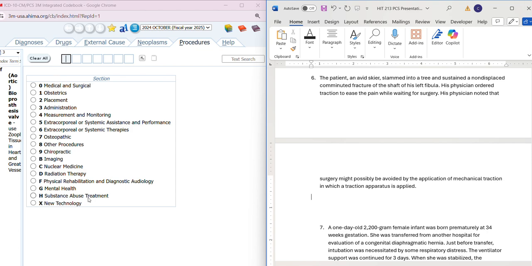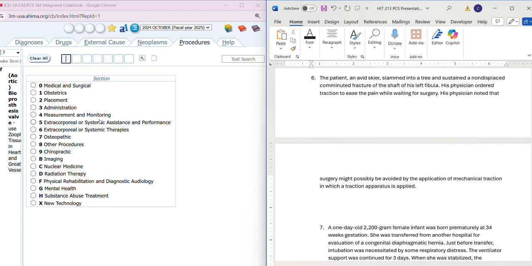So again, this first character is going to be different than the first 4, which were medical surgical. And since it says in which a traction apparatus is applied, surgery might possibly be avoided by the application of mechanical traction.